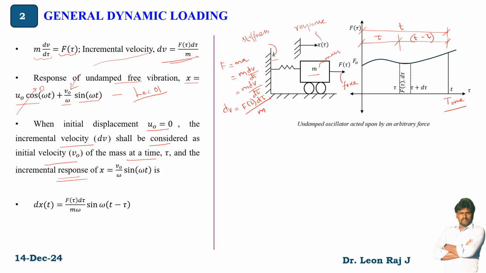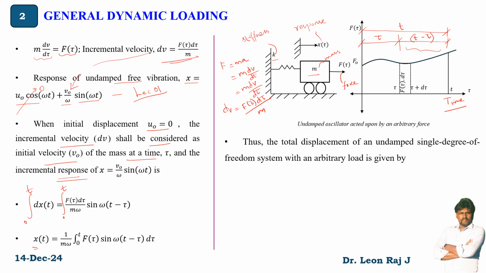Instead of t, we are going to use t minus tau. So that is the incremental response dx of t. Now just integrate from 0 to t, and you will get the response x of t equals 1 by m omega, integral from 0 to t of f of tau sin omega (t minus tau) d tau.